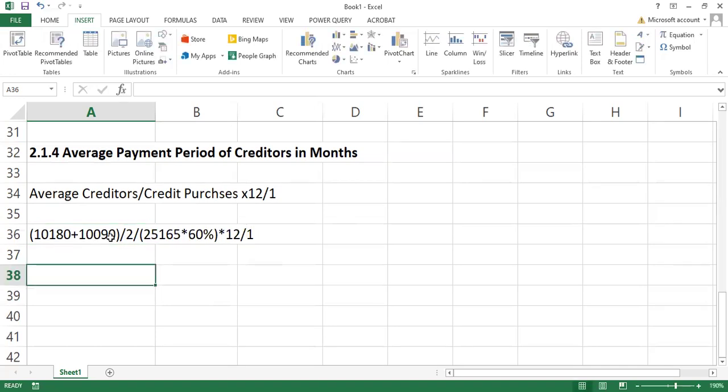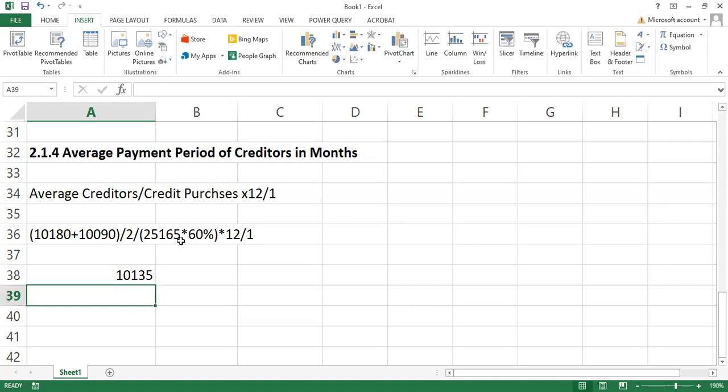Let's calculate this side first. Let me show you this side first. Yes. So I'm going to say is equal to 10,180 plus 10,090. I divide it by 2 because we want an average.